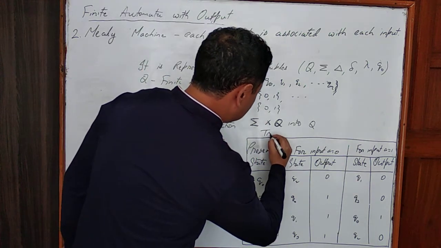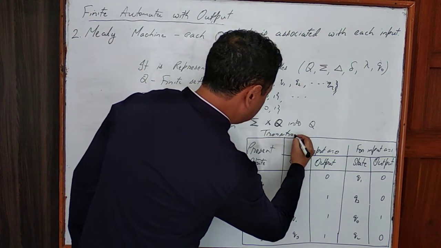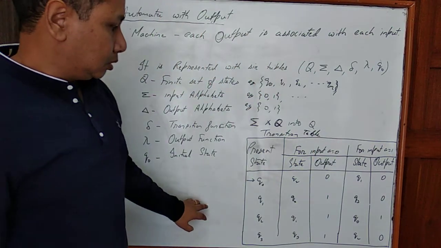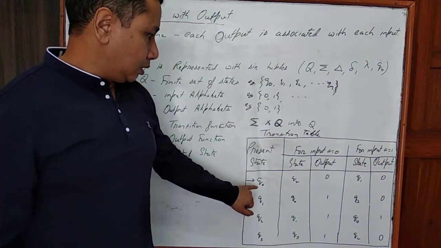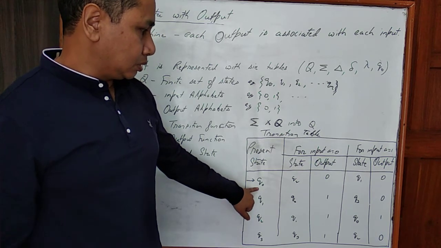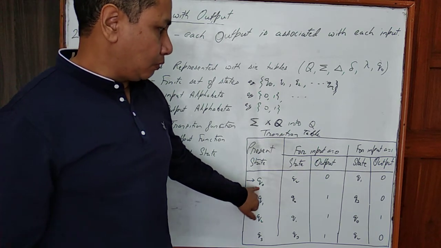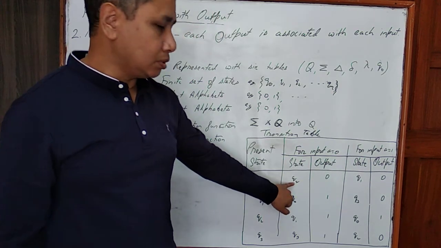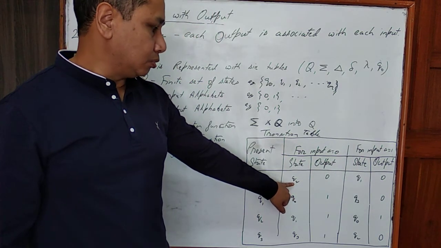Now let me explain the transition table. This is the transition table. If you notice here, for the state q0, for an input of 0, the output is 0, which goes to state q2.